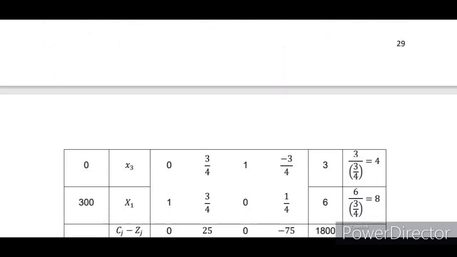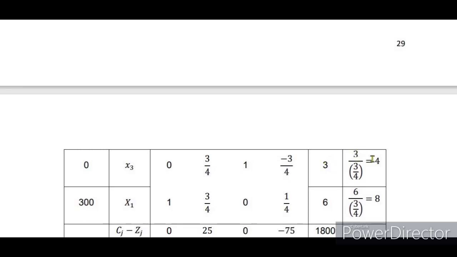Here, in the intersection of x sub 2 column and the rows of x sub 3 and x sub 1, we solve theta. Okay? So, we get theta here for the x sub 3 row by dividing the value of RHS, which is 3. That's why it is 3 here.